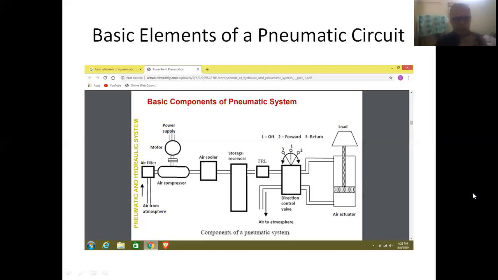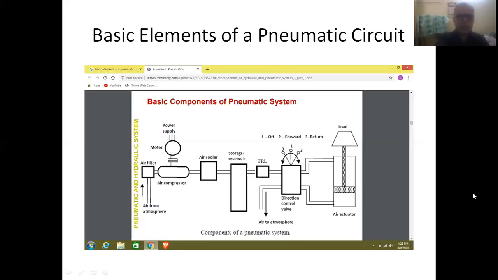These elements are to be placed in this particular order. Filter to be placed before the compressor, cooler to be placed after the compressor, and ultimately the reservoir has to be placed after the air cooler. So this is the arrangement of a compressor that is generally used for operating pneumatic systems or pneumatic circuits.